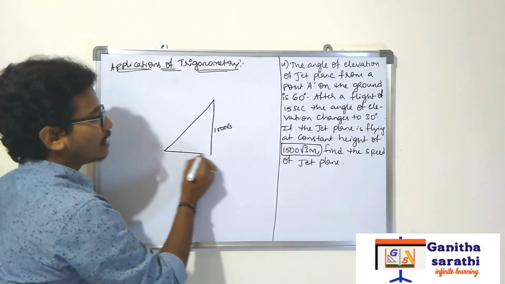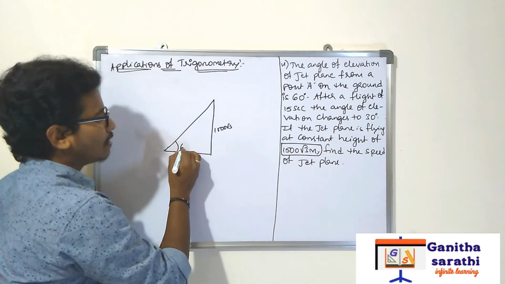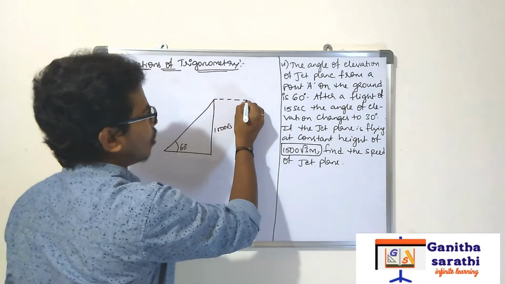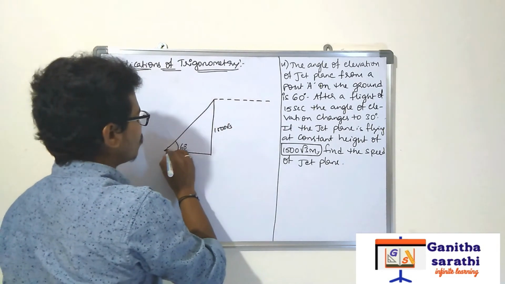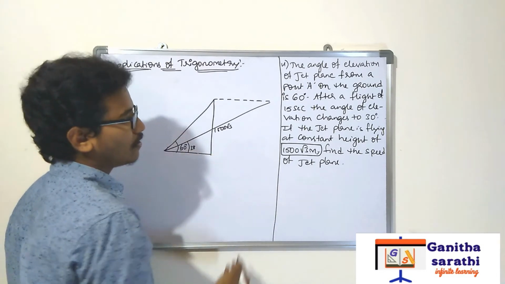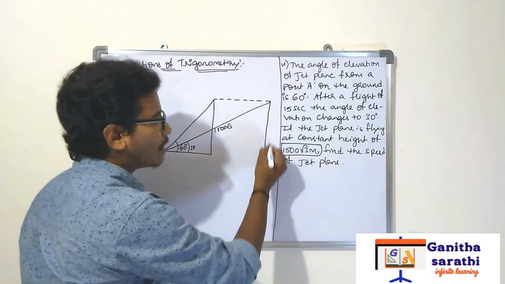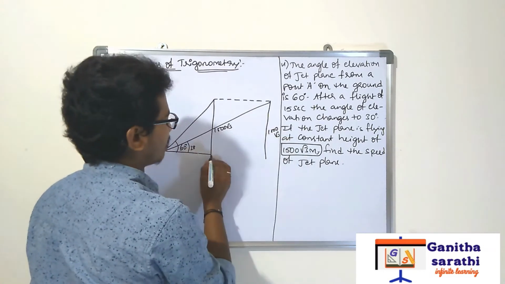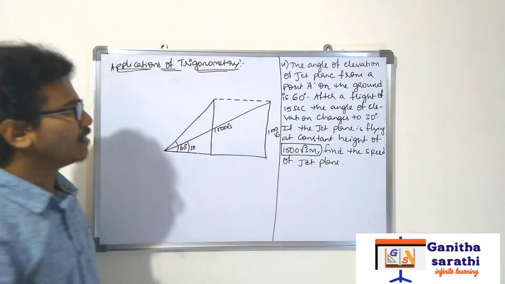Okay. The first initial angle is how much? Initial angle is 60 degrees. After a flight of 15 seconds, the angle is changed to 30 degrees, but the height remains constant. The height does not change, 1500 root 3 meters. Understood? So this will be the basic diagram.